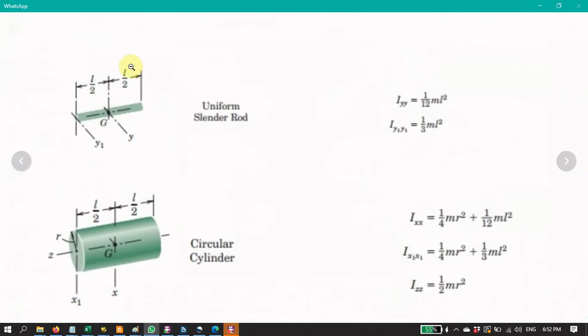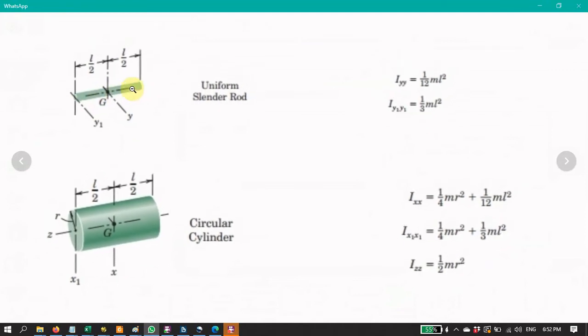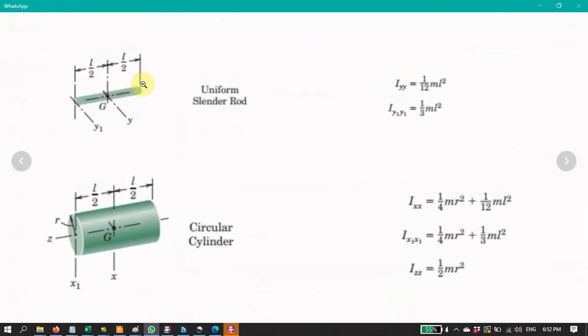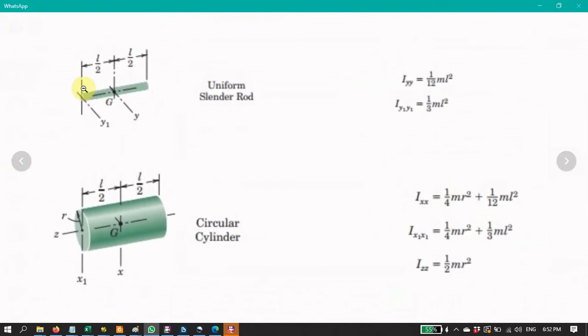Here is the typical geometry that you will normally use in solving problems in kinetics of rigid bodies, right? We have a slender rod. A slender rod is a body with a very small radius, and it's long.